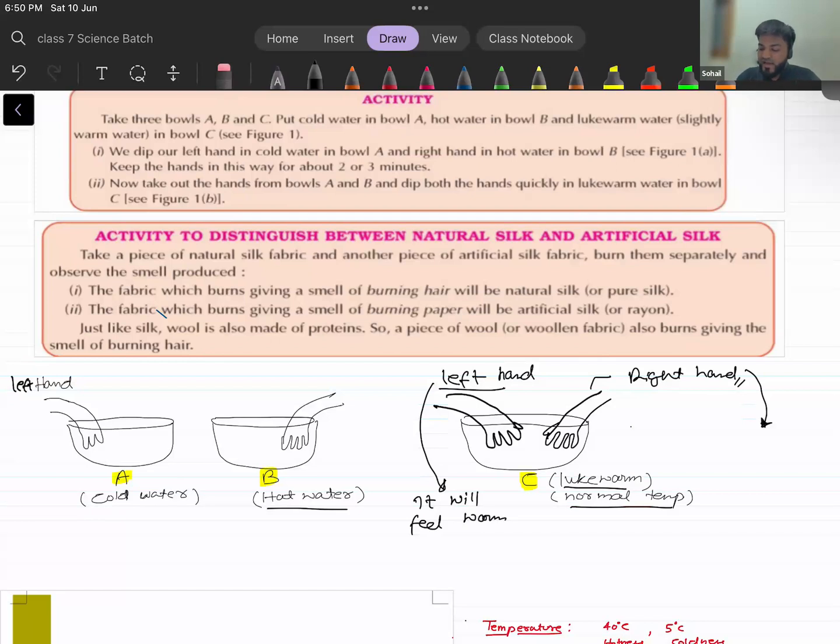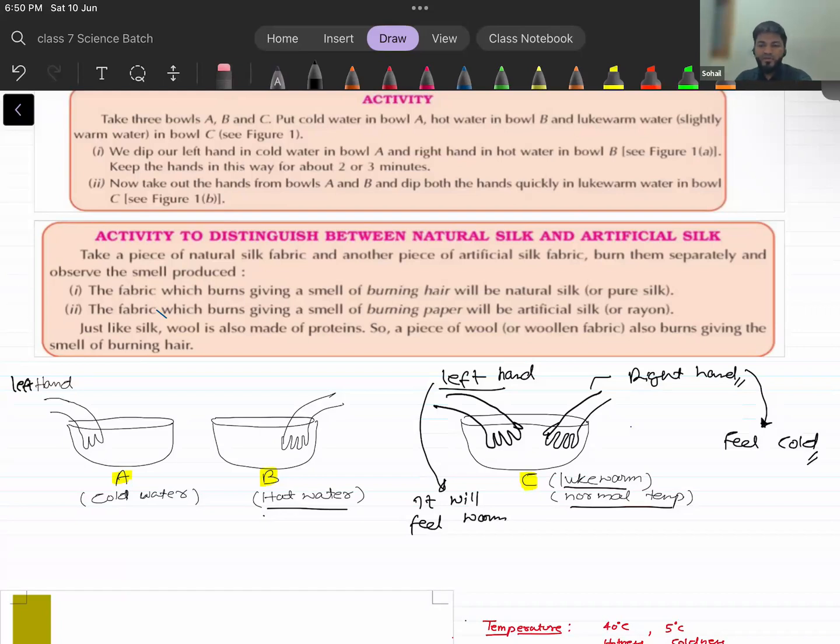And your right hand, which was dipped earlier in hot water for 2 to 3 minutes, in this hand you will feel cold sensation. You will feel cold. Now, here did our senses work? Were our senses correct here?